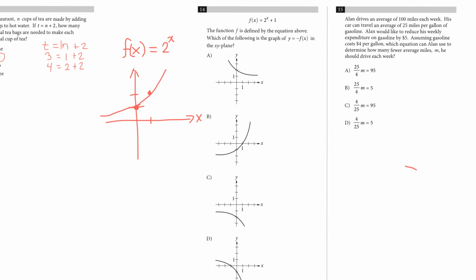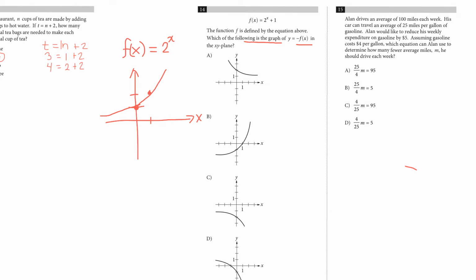Okay, problem number 14 says f of x is equal to 2 to the x plus 1. So we have an exponential function. First let's take a look at 2 to the x plus 1. And what we're looking for is which of the following graphs is negative f of x.